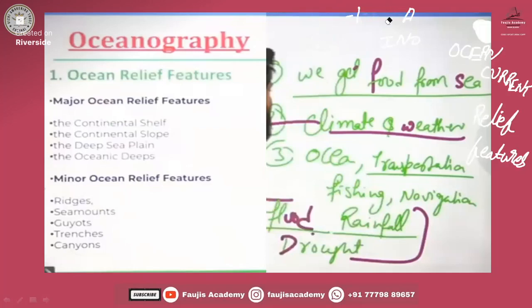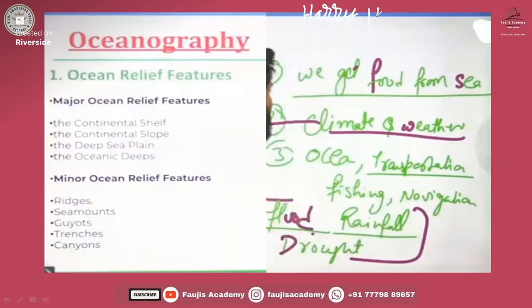As we enter into oceanography, what is the ocean? Already when we studied the sea floor spreading theory, we learned that during World War II, Harry Hess, a navy captain, wanted to attack the enemy from the water bodies.